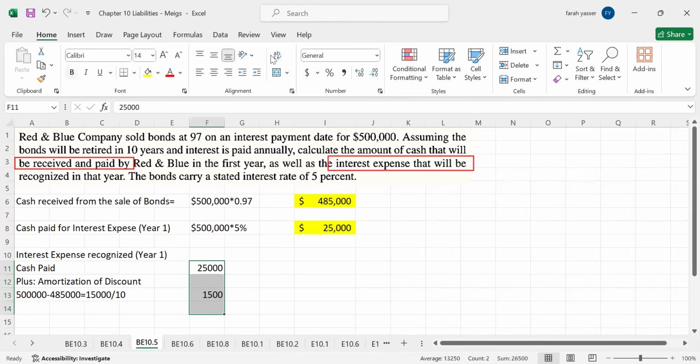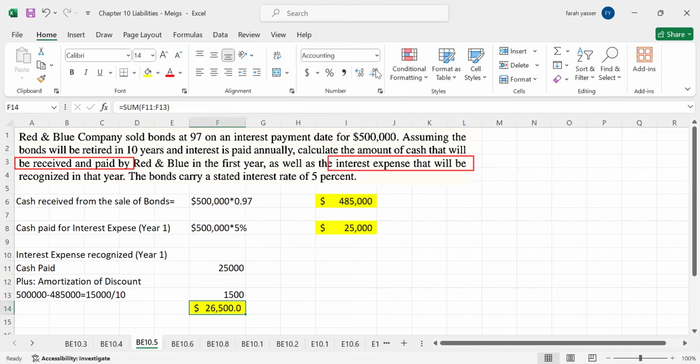So we add these two: 26,500. What do we mean by this 26,500? While preparing the income statement, the interest expense recognized in year one would be 26,500, whereas the actual payment of interest is 25,000. This 25,000 will be paid to the bondholders.